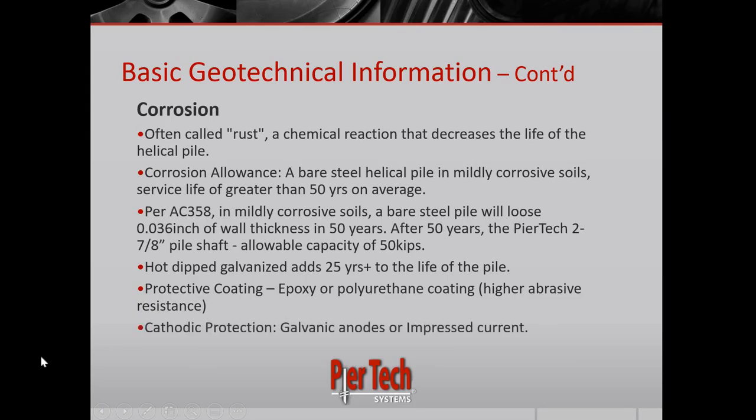The last option is called cathodic protection. And cathodic protection would be where you either add galvanic anodes, like zinc anodes, similar to an outboard motor of a boat. So those anodes will corrode before the steel itself will corrode. And typically those galvanic anodes are added to a bare steel pile or an epoxy coated type pile versus a galvanized pile.